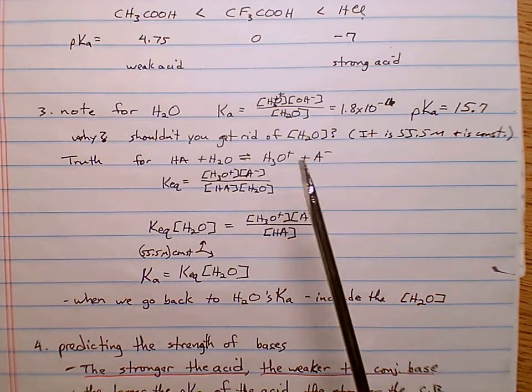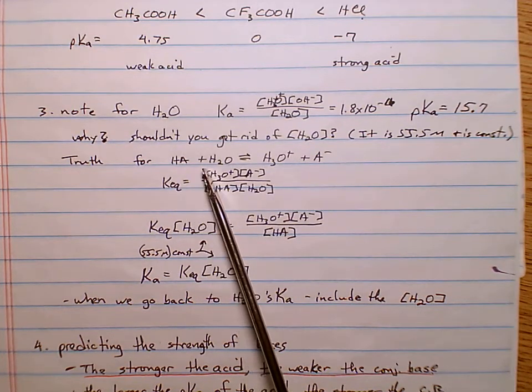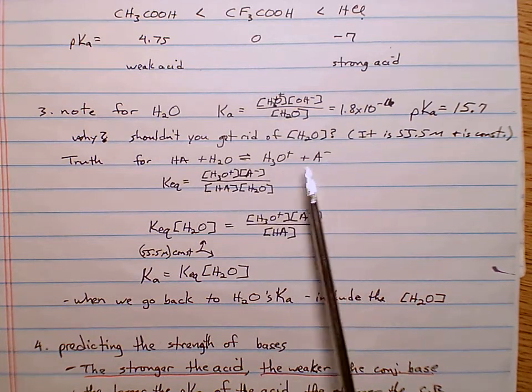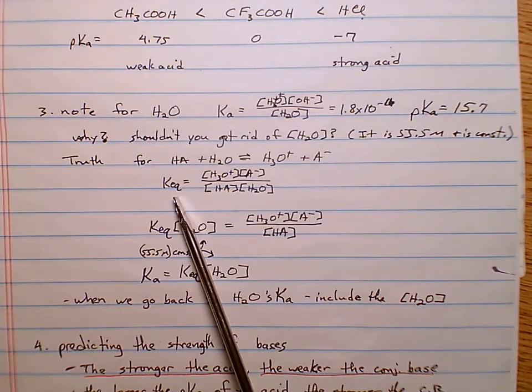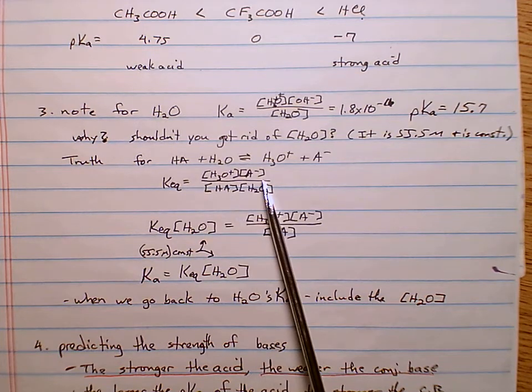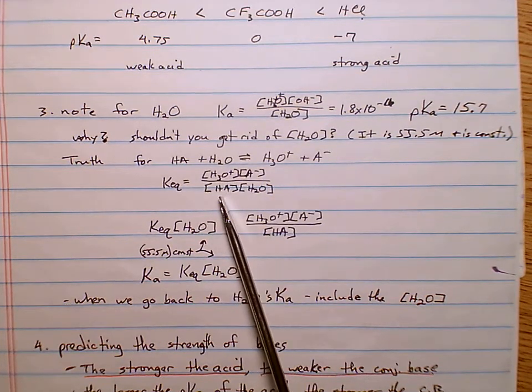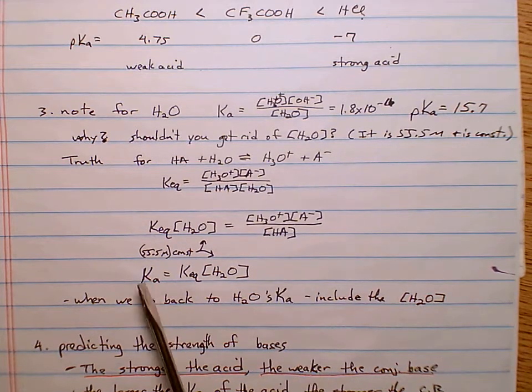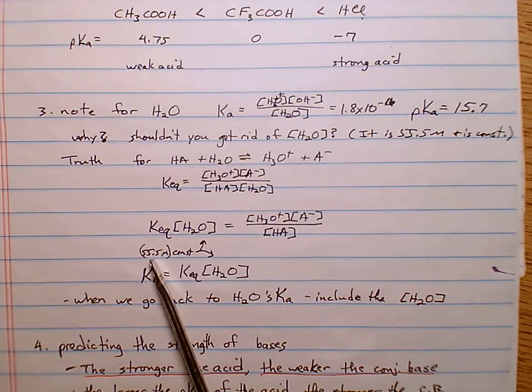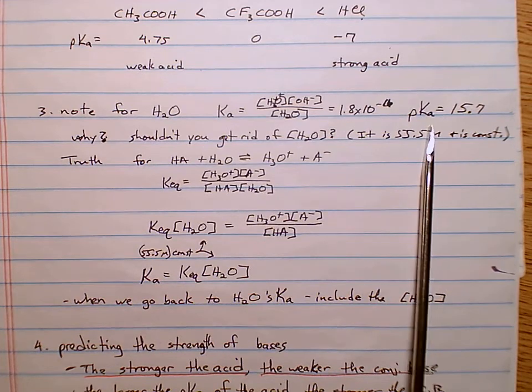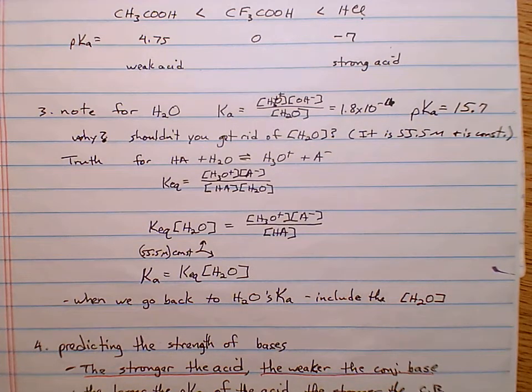So if we have HA plus H2O goes to H3O plus and A minus, Keq, the equilibrium constant, is the concentration of H3O plus times the concentration of A minus, divided by the concentration of HA times the concentration of H2O, which is 55.5, and that's a constant. And when we include that 55.5 in there, the pKa of water is 15.7. We need that number of 15.7, not the pKw of 14, to understand our organic reactions.